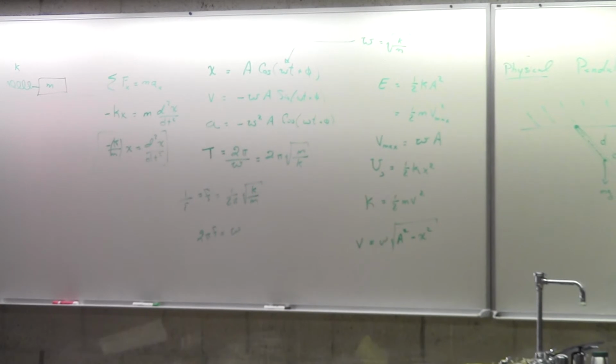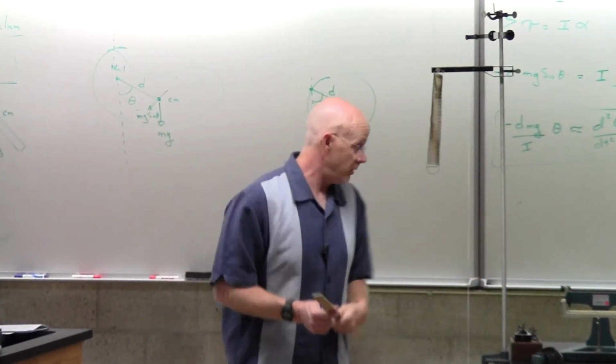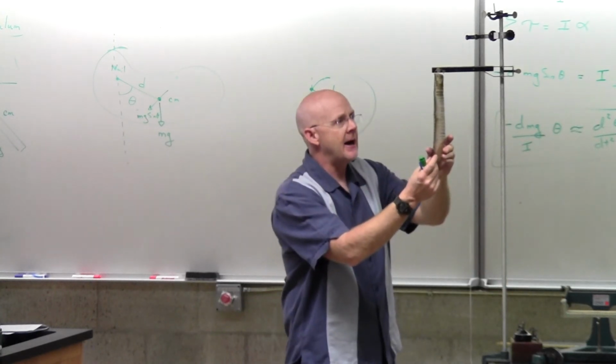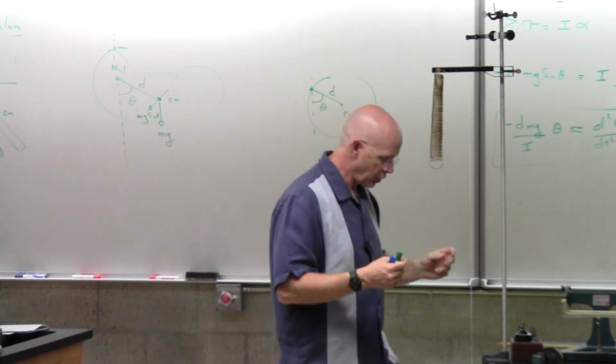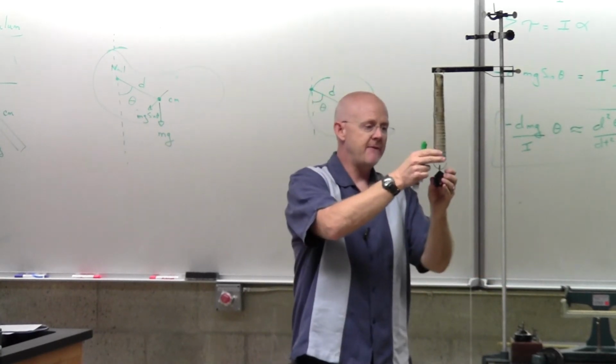All right, well, let's do one more in this category. We'll add one more thing and then we'll be done. But something that we could look at is, what about a vertical spring?